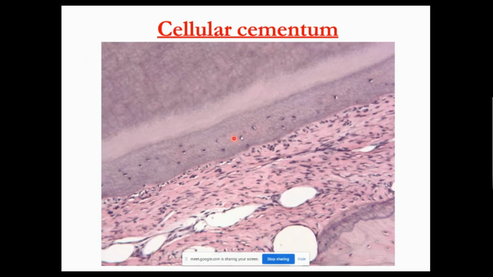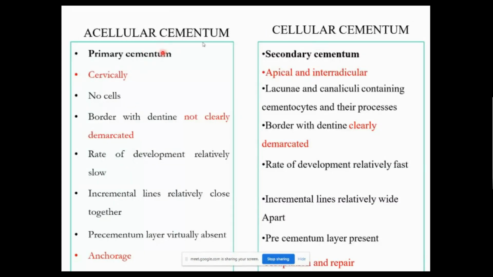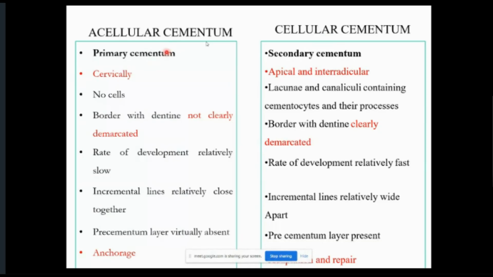And this is the cellular cementum because you can clearly see the cementocytes which are entrapped within the cementum. And this is your periodontal ligament fibers, and that's the dentin. So these are some of the differences between acellular and cellular.